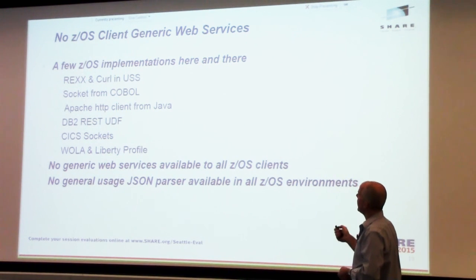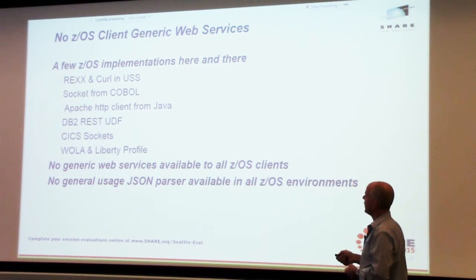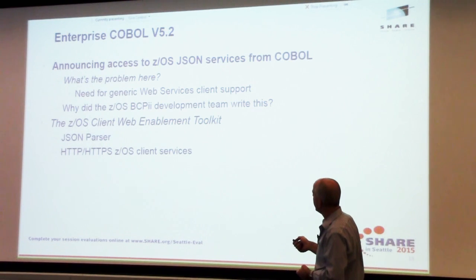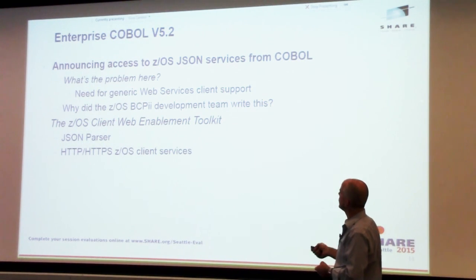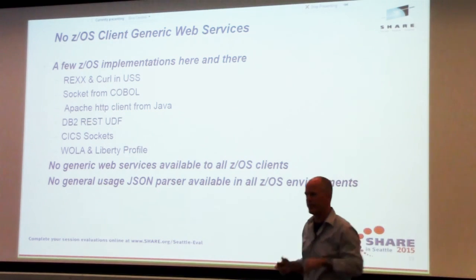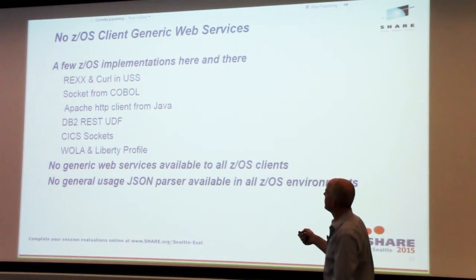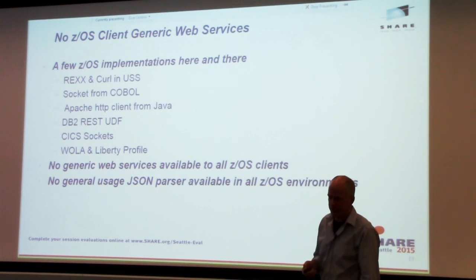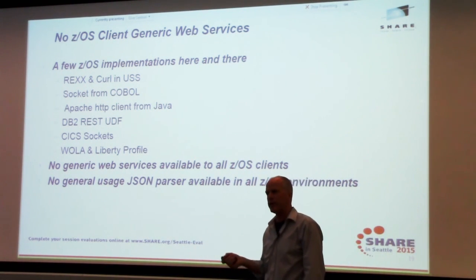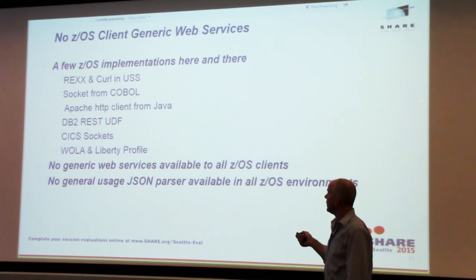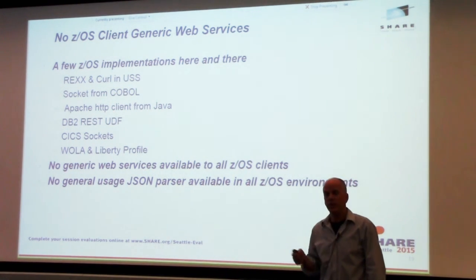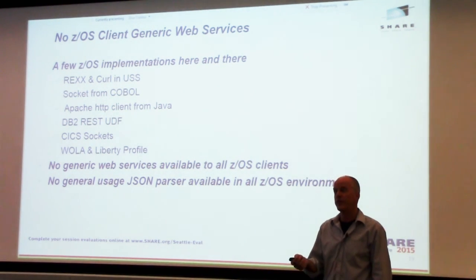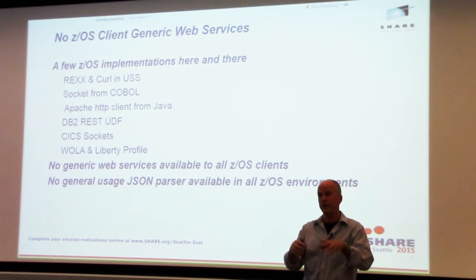Okay, so why did IBM do the z/OS Client Web Enablement Toolkit? It's a real mouthful of words there. There were a bunch of different things. I actually did an experiment last year to present to GSE Nordic about doing an HTTP web service request from a COBOL program running in z/OS batch.